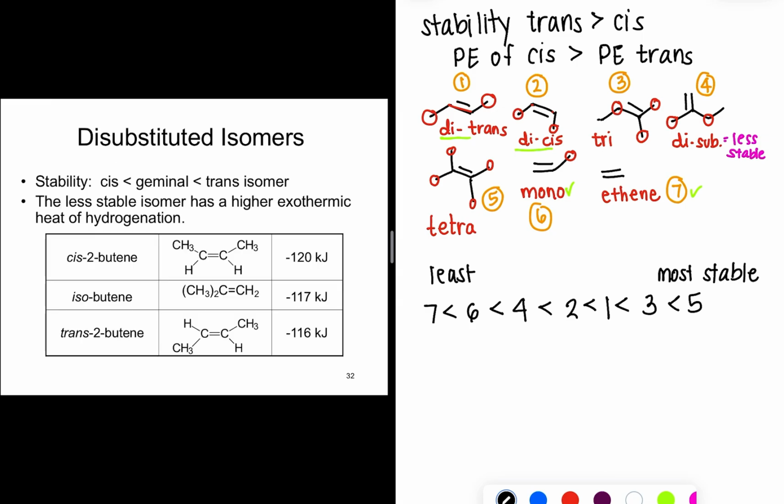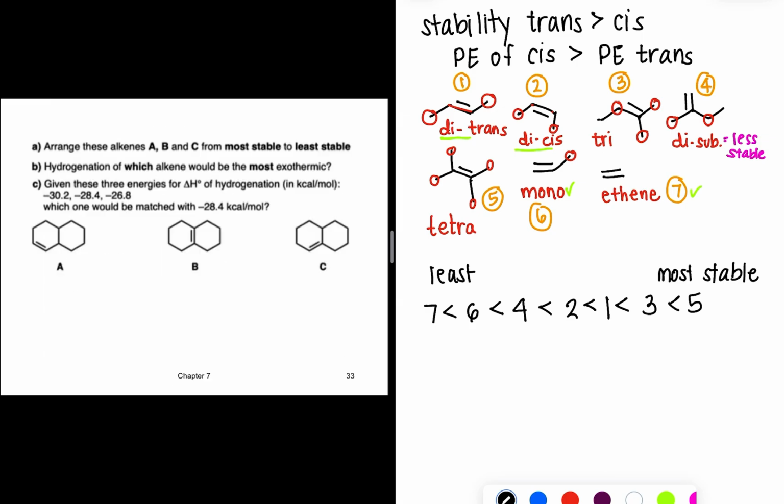And again, I'm just going to skip over here because I already talked about this. If you had this question between these three, which would be the most stable to the least stable? A has di substituted. This is di cis. B is tetra substituted.